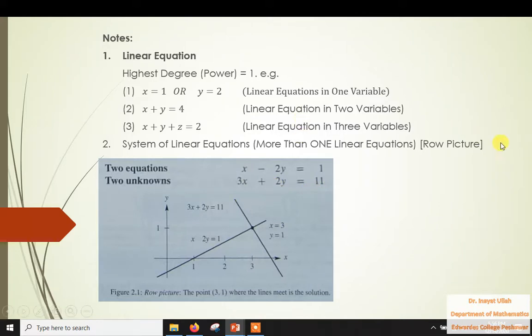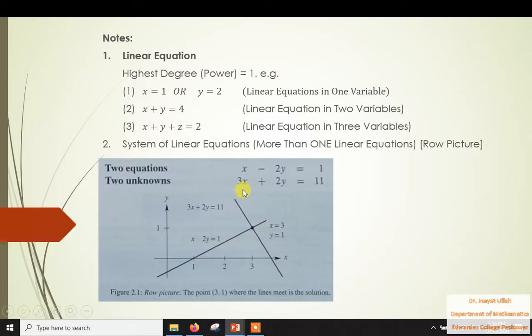If you see, I write here row picture. Row picture means this is the first row and this is the second row. So the first row shows a line. Whenever you draw the graph of x minus 2y is equal to 1, it will look like that. This is the equation of a straight line.